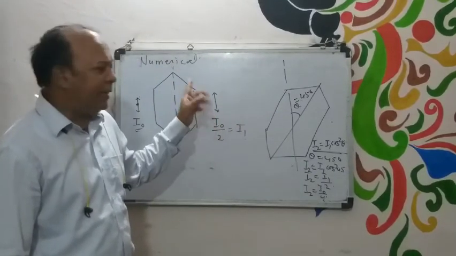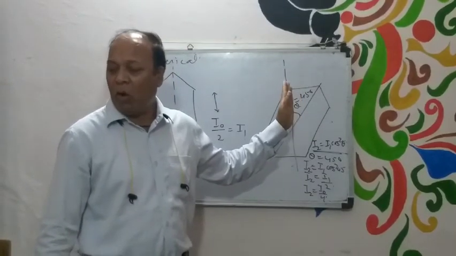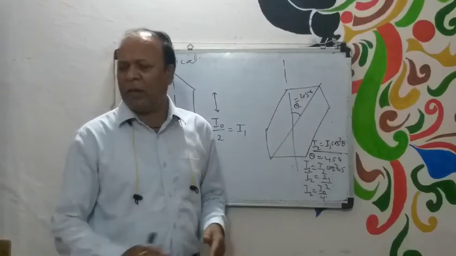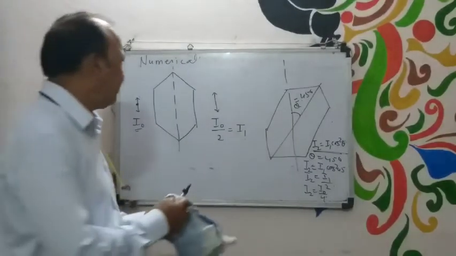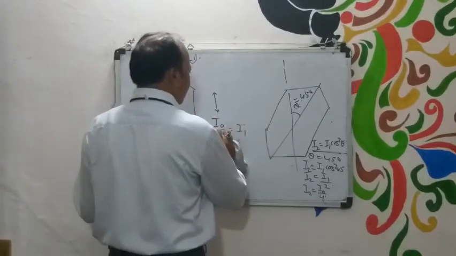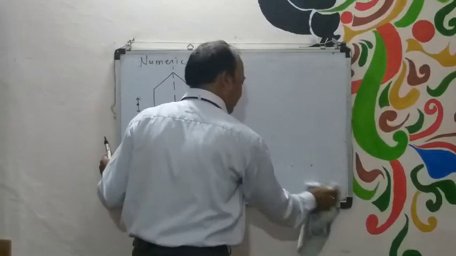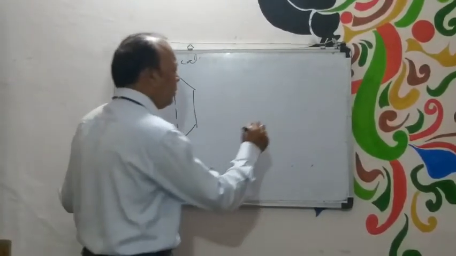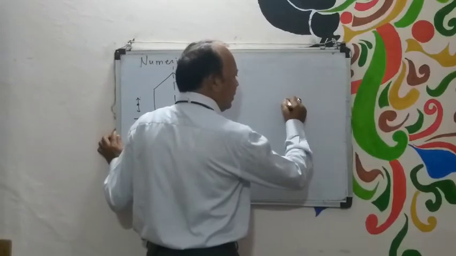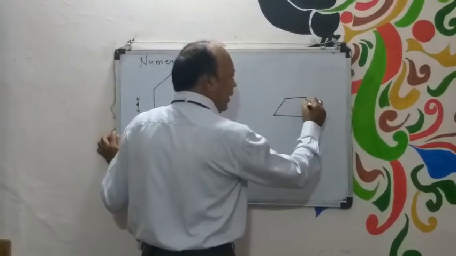Is that clear? This angle may be given 45 degree, it may be given 30 degree, or it may have some other value. Think some other cases. Suppose this is another polarizer or maybe analyzer.